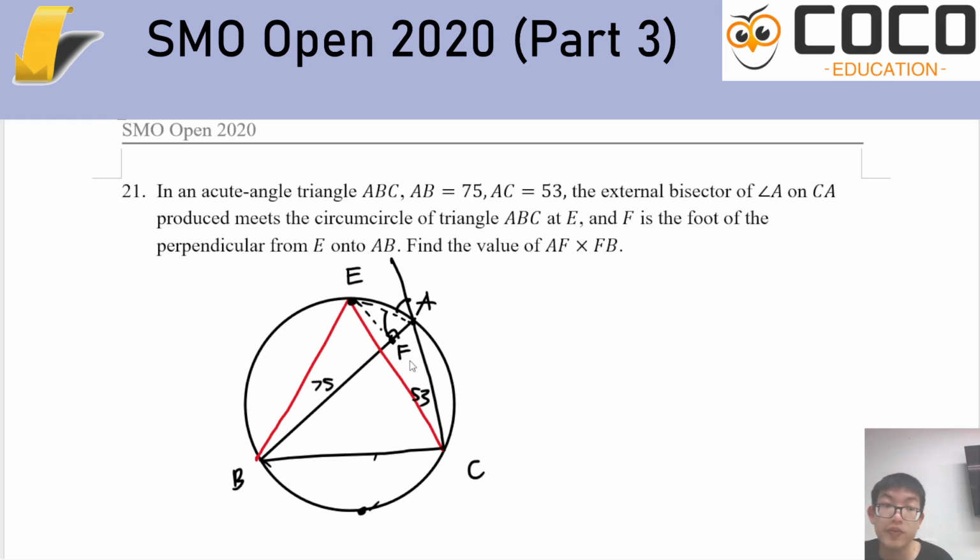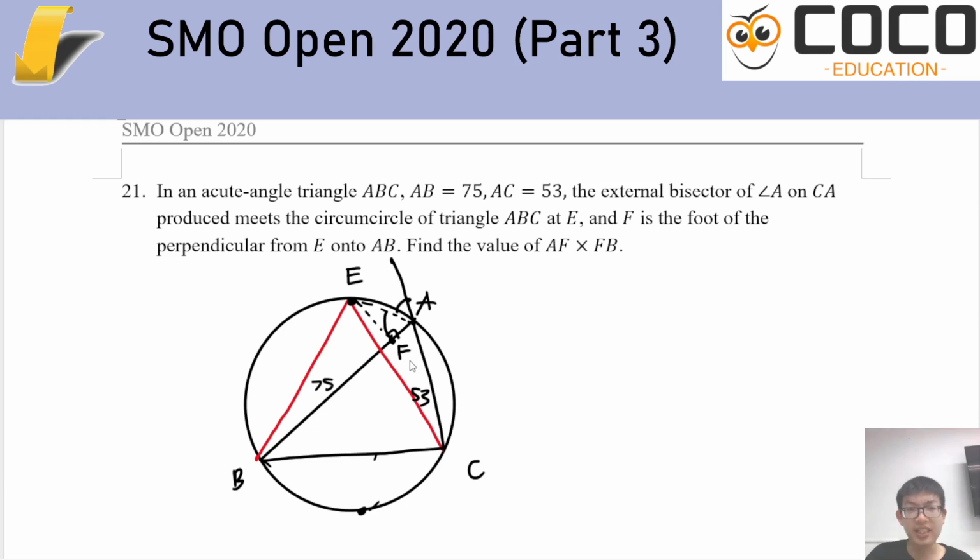Now this is screaming power of a point, except that there isn't really another line that is going through F for the time being. I also have not seen any useful application of the length 75 and 53.